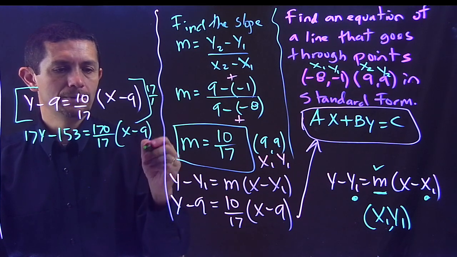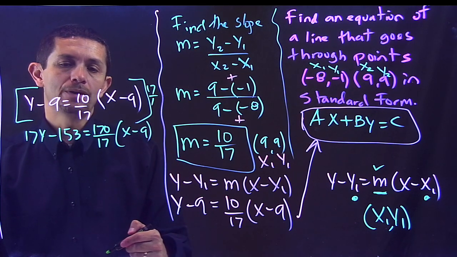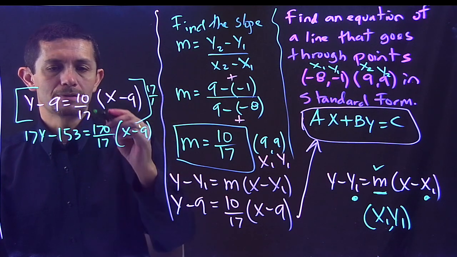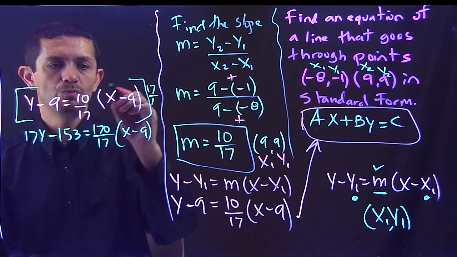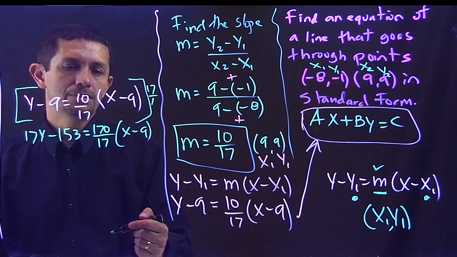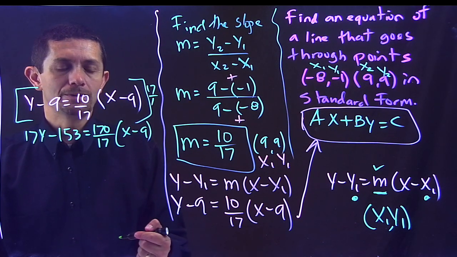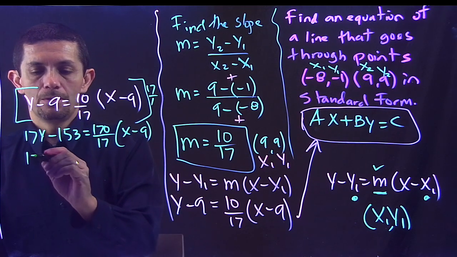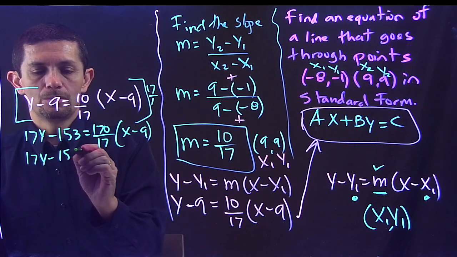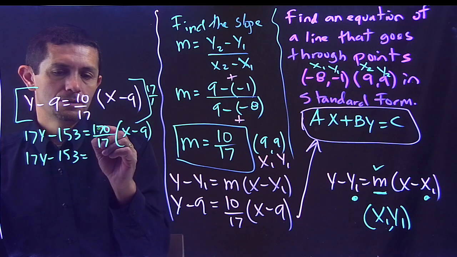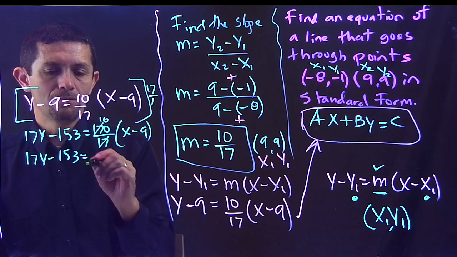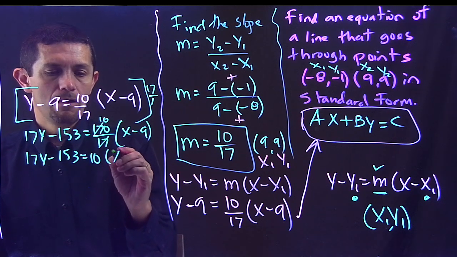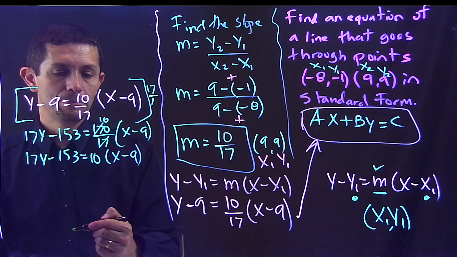Just by multiplying times 10 over 17, I don't have to multiply here because this is going to be distributed on the x and minus 9. So let's keep going. 17y minus 153 equals 17. I can reduce by 17 on the bottom, 17 on the top, so I have 10 on the top, x minus 9.